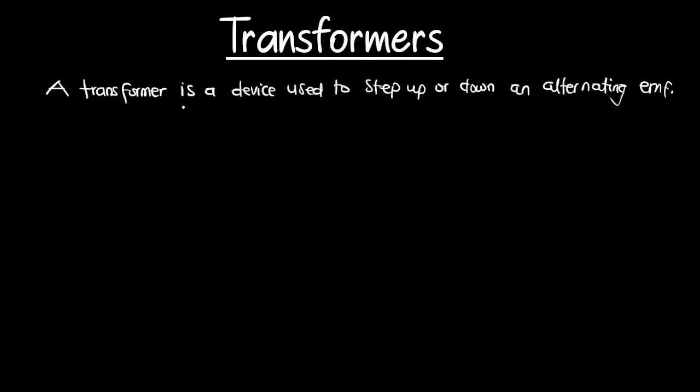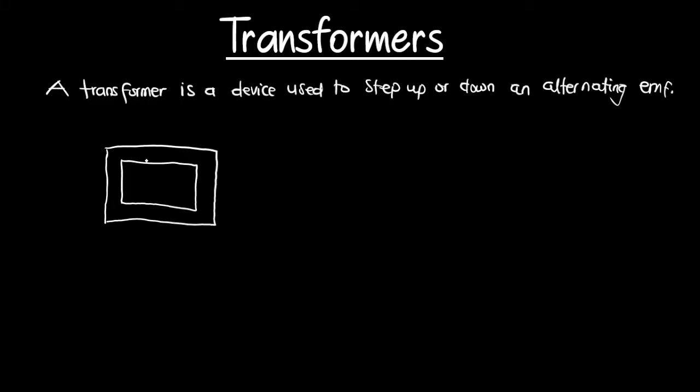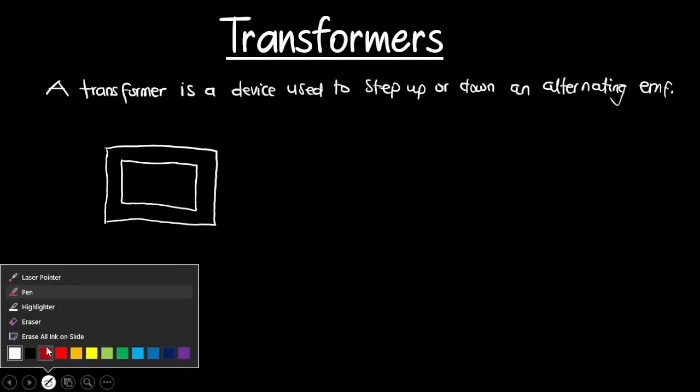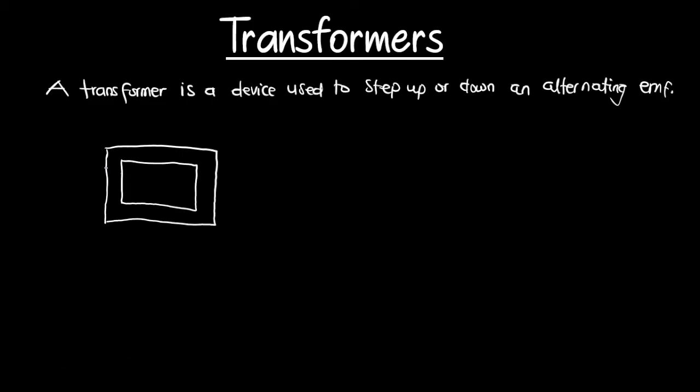So let's have a general overview of what a transformer looks like. Basically, a transformer has what we call a soft iron core. So I'll draw the iron core like this. Then it has, let me use a different color here, some coils around it. Okay, so this coil has a name. We'll be looking at that.